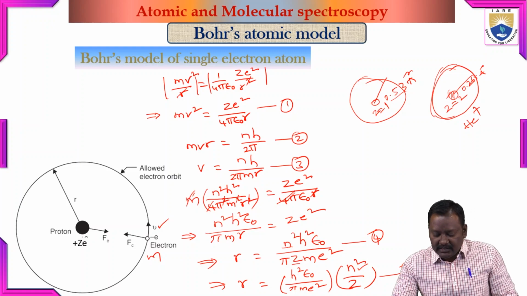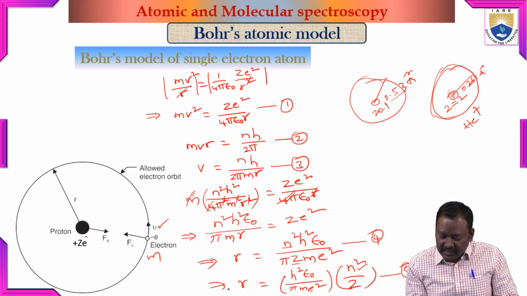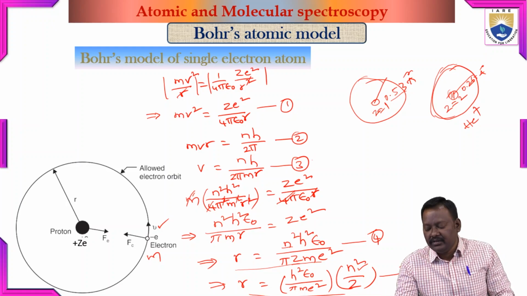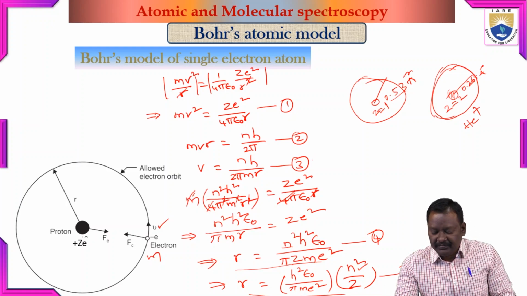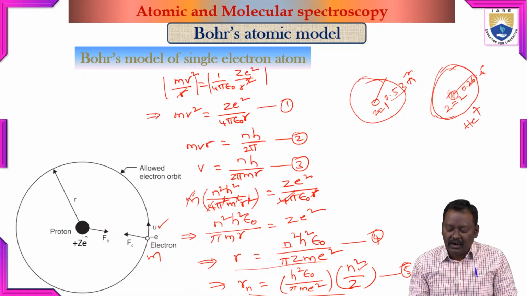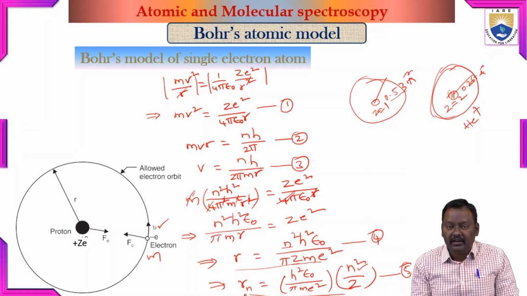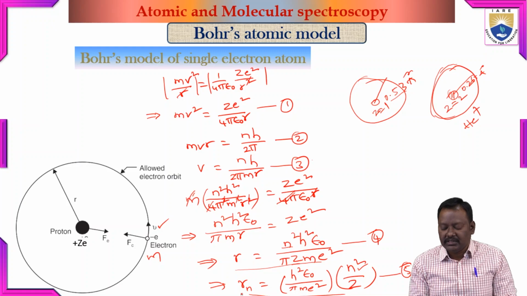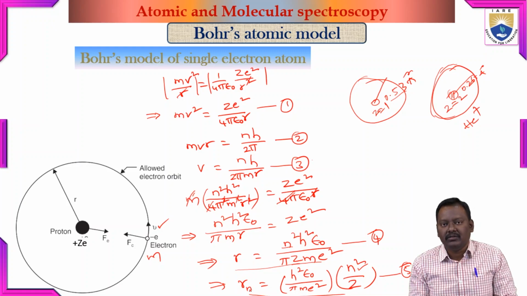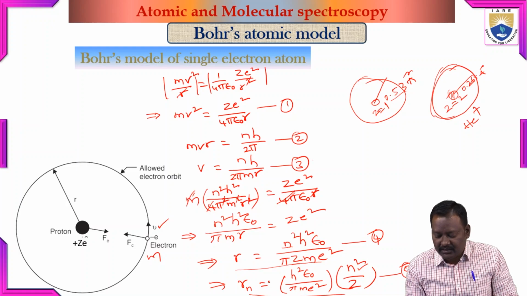So now let us substitute this r value in equation 3 to find the velocity of the electron in different orbits. Let us use Rn to indicate the radius of different orbits: first orbit R1, second orbit R2, R3, R4, like that.